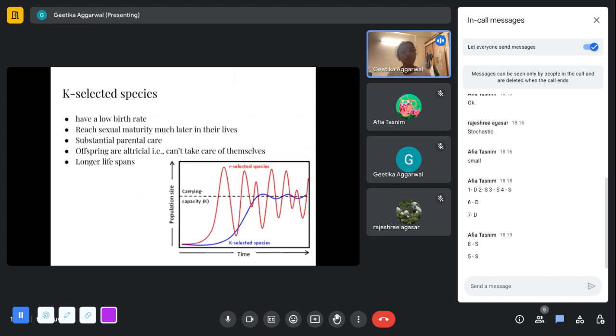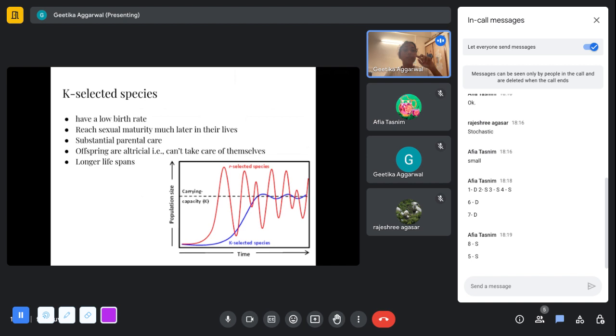They take care of these offsprings till they are able to take care of themselves. And mostly in these cases, the offsprings are altricial. They're not able to take care of themselves. For example, as humans, we are not able to walk, we're not able to talk, we mostly sleep all the time, we cry all the time, and we will not be able to take care of ourselves.